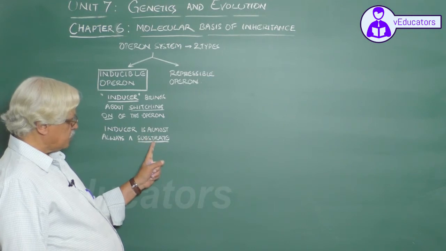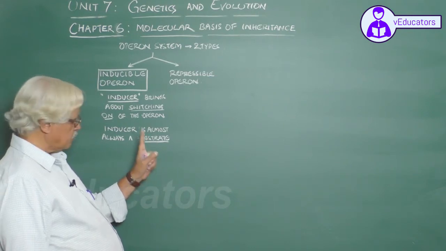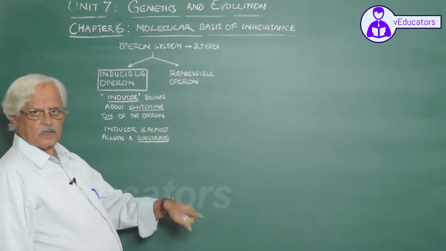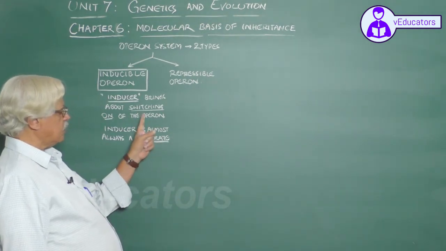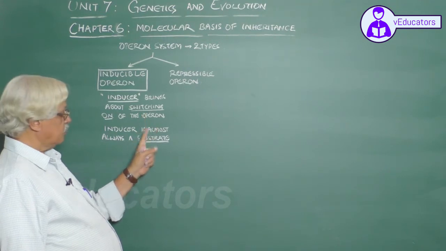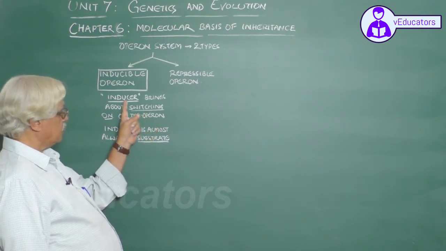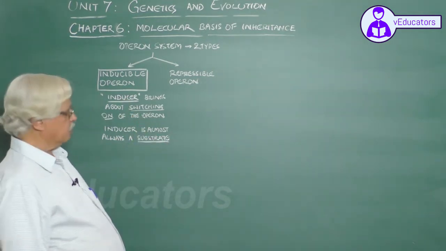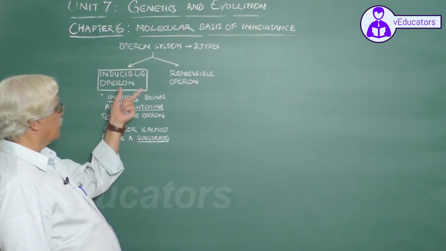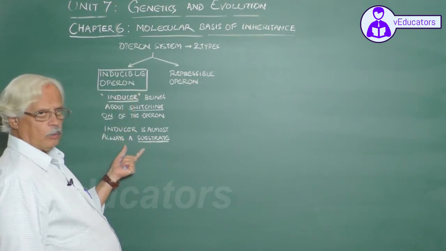So when the substrate is present, the enzymes are required. So in the presence of the substrate, the enzymes have to be synthesized. Therefore, the substrate functions as the inducer, allowing the synthesis of those enzymes. So this is called inducible operon.